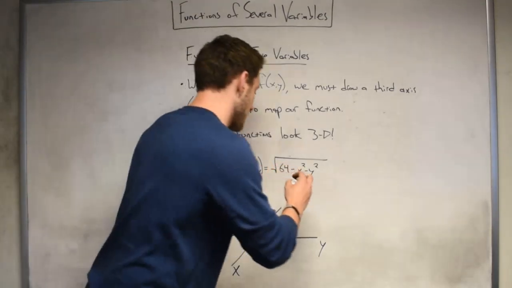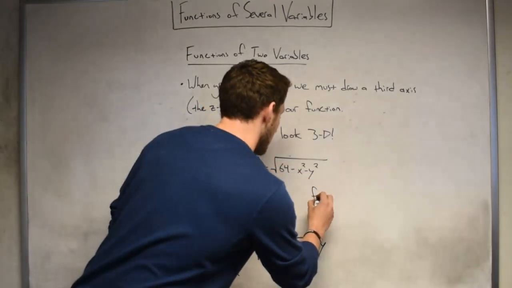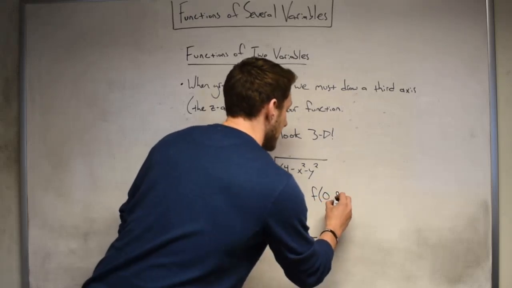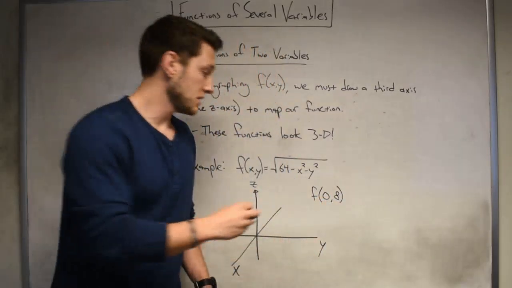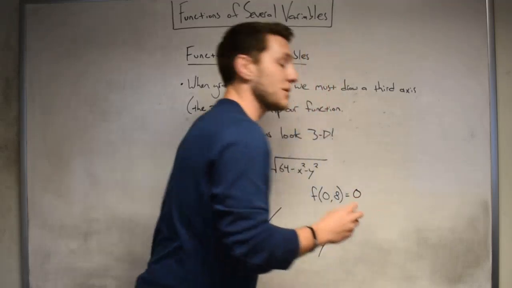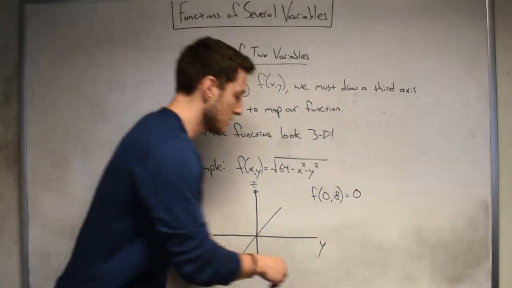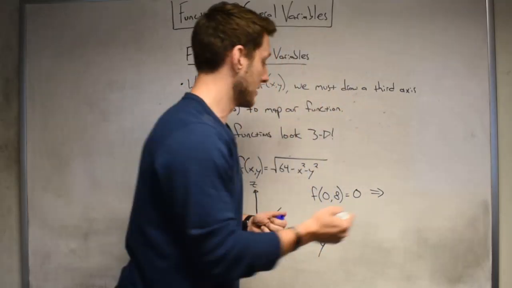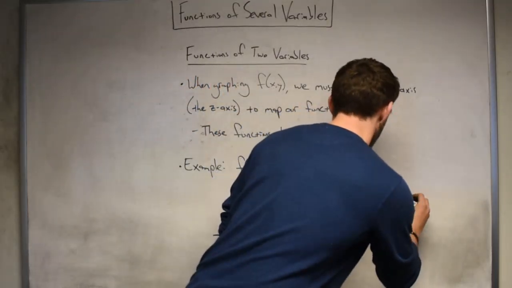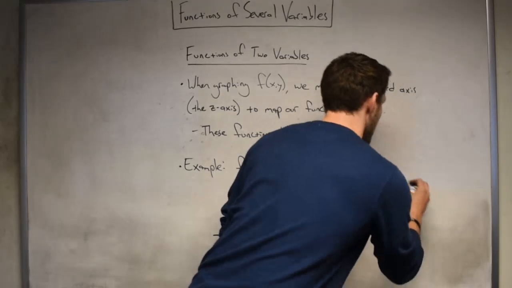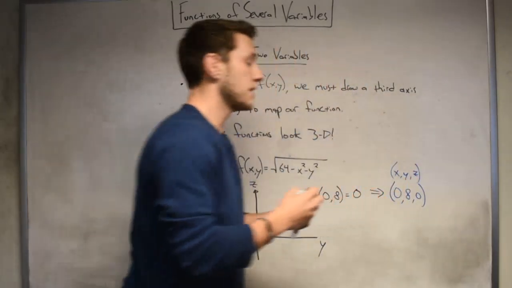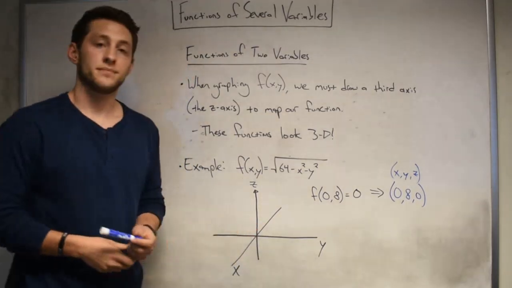So for instance, if I were to figure out f of 0, 8, I would get the z value 0. Which indicates that the point 0, 8, 0, where we have x, y, z, is on my graph.